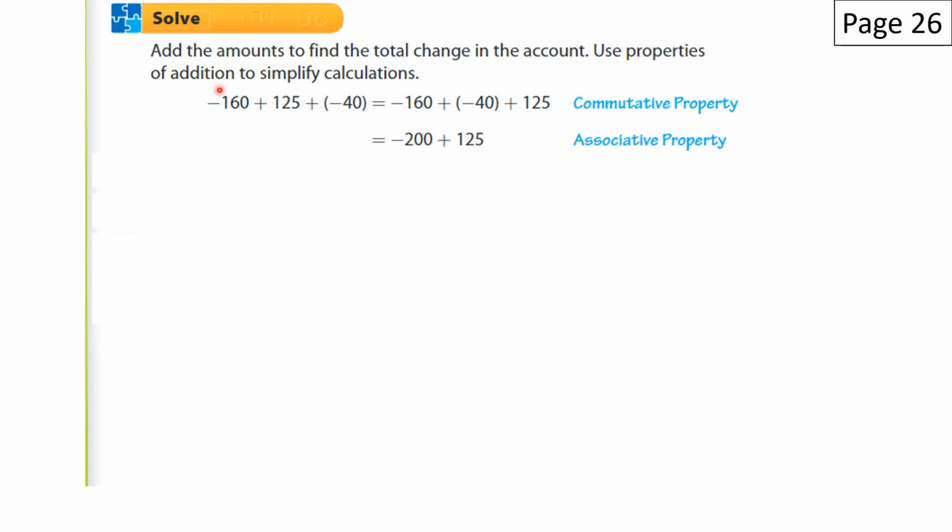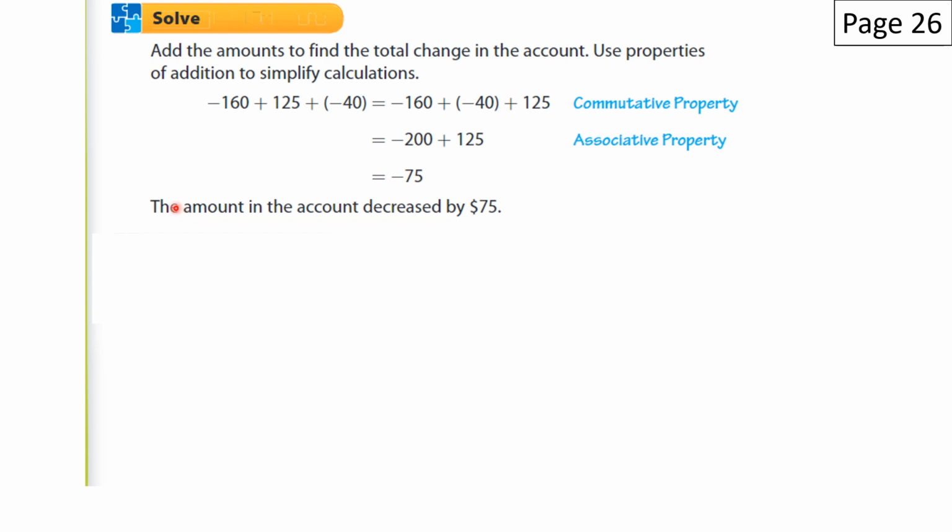So they moved this one next to this one right here. They rearranged them, and then the 125 is at the end. That's using the commutative property, which tells you that you can rearrange numbers when you're adding them. And so these two together is negative 200, and then plus 125. That's a little bit easier to do in your head, which is negative 75.